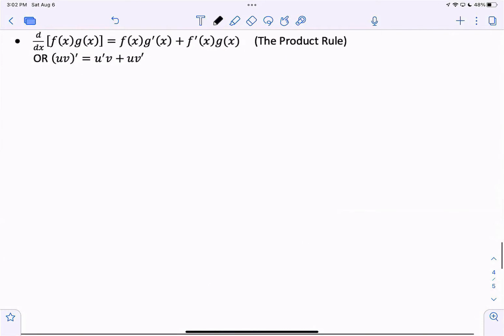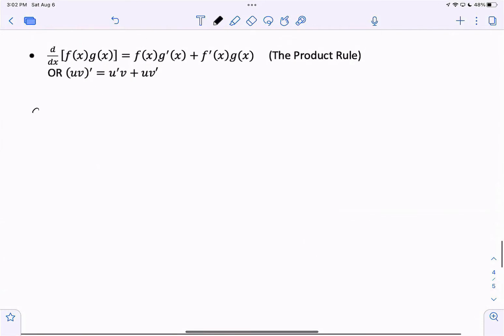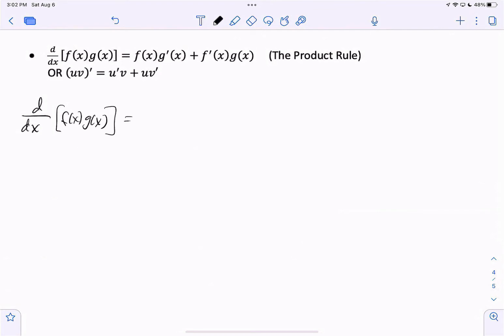For the product rule, we start with the derivative with respect to x of f of x times g of x. I'm going to use the definition of derivative. It is the limit as h approaches 0 of f times g of x plus h minus f times g of x, divided by h.